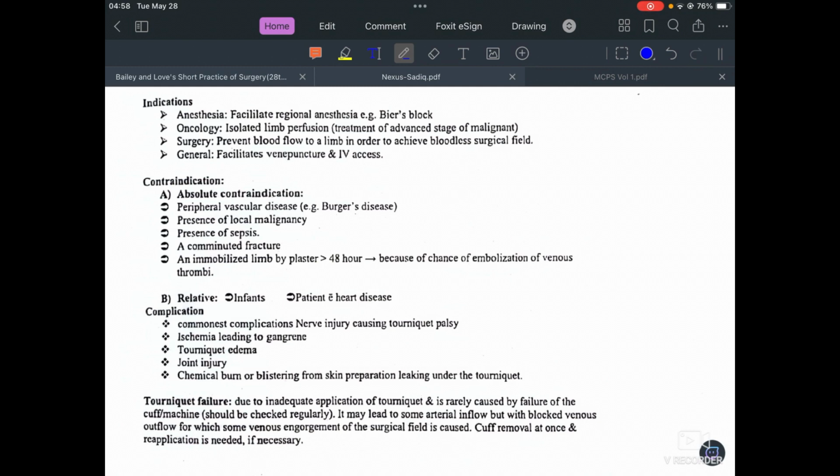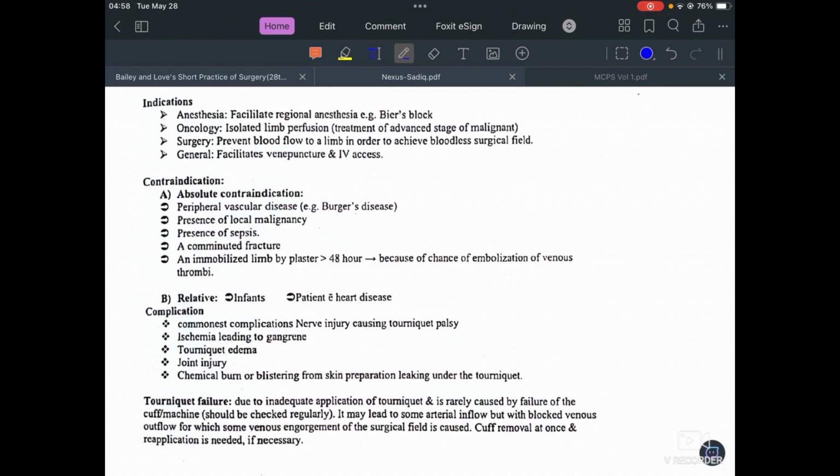Complications: the commonest is nerve injury causing tourniquet palsy, ischemia leading to gangrene, tourniquet edema, joint injury, chemical burn or blistering from skin preparation leaking under the tourniquet. Tourniquet failure is due to inadequate application and is rarely caused by failure of the cuff machine.